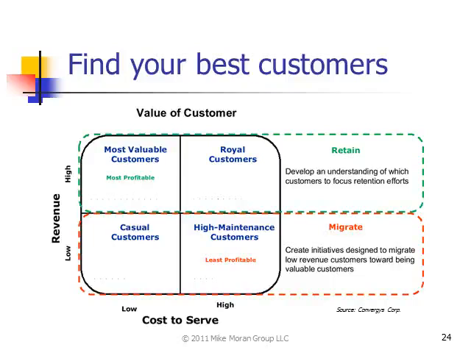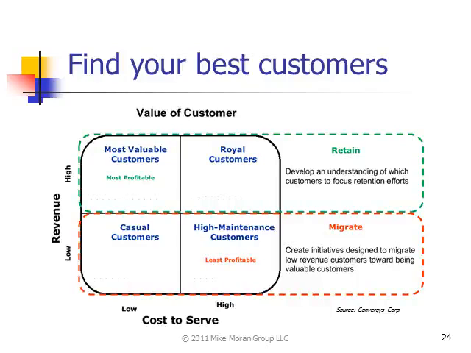In this chart, you can see graphed into 4 quadrants where revenue goes from low to high, and the cost of serving that customer goes from low to high. So what does that tell you?